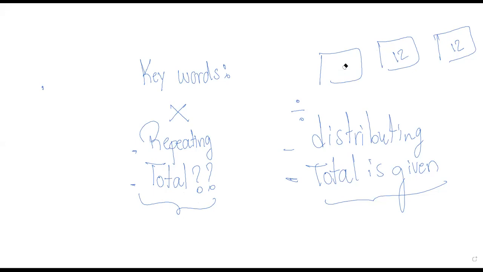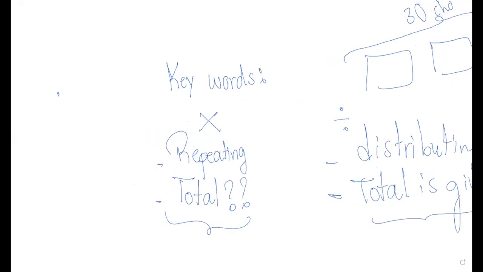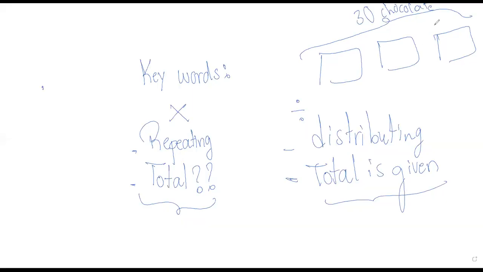If I do the opposite way, when I say we know in the 3 boxes that we have 30 chocolate bars in all the boxes, do we know the total number? 30 chocolate bars in all the boxes, not in each one.